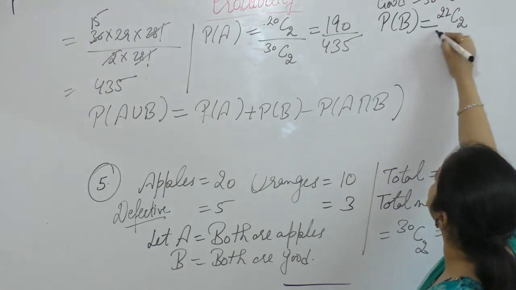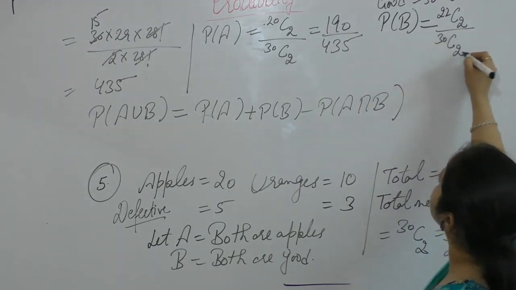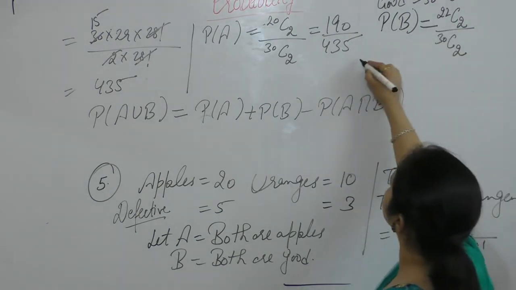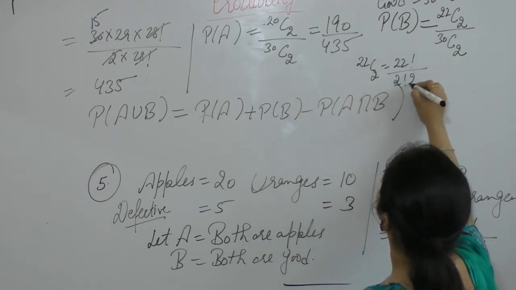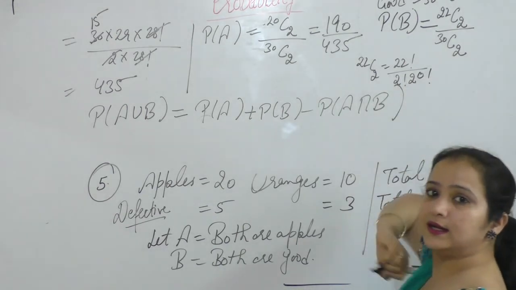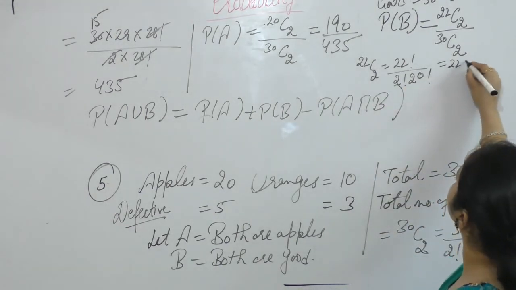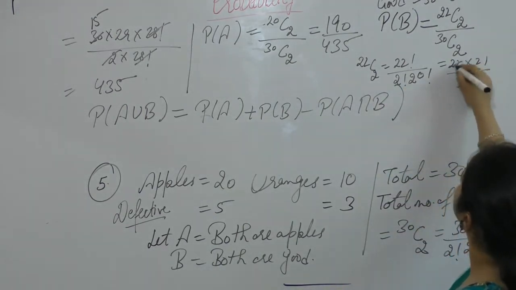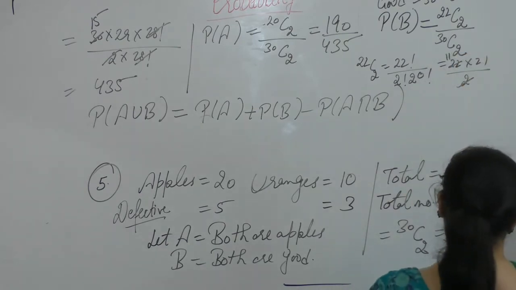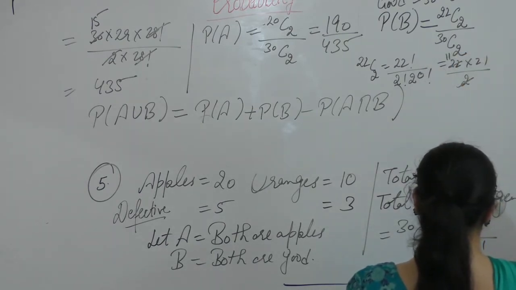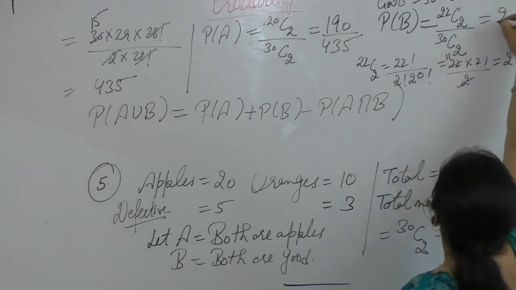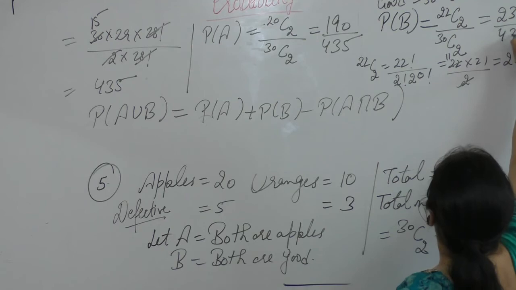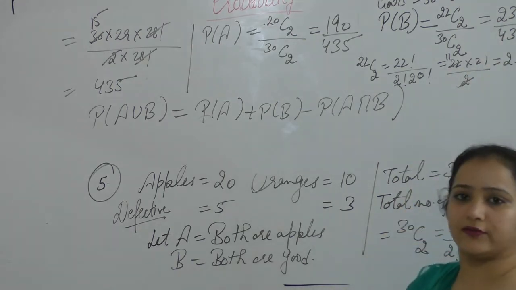So 22C2 upon 30C2. 22C2 is equal to 22 factorial upon 2 factorial into 20 factorial, 22 minus 2 is 20. So 22 into 21 by 2, 11 into 21, 231. So we have 231 upon 435.